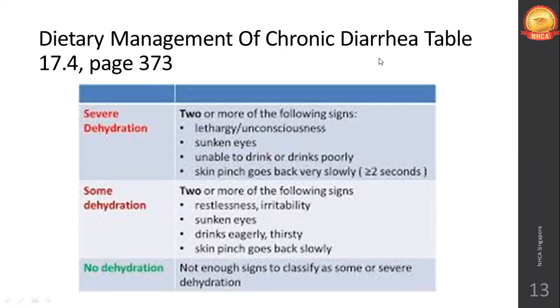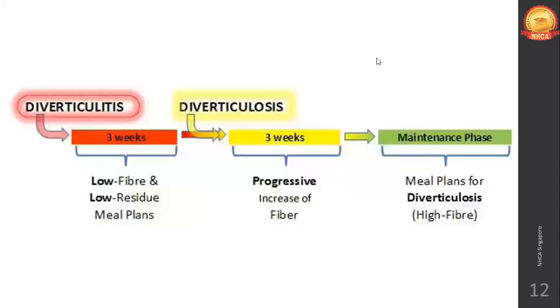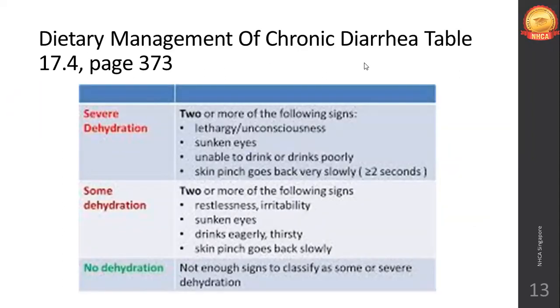Dietary management of chronic diarrhea. Acute diarrhea can be managed using proper hydration techniques at home, giving ORS. If any infection is there, correct the infection as well. That is the acute management of diarrhea.